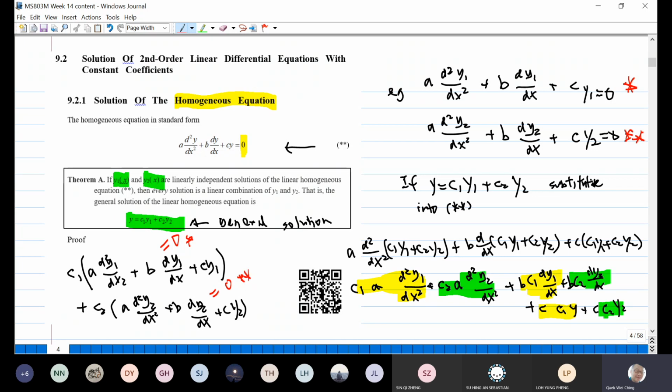So you end up with any combination of y1 and y2 being also a solution of this homogeneous equation. So all the solutions of this type of equation are a combination of two solutions, y1 and y2. Then the question is how to find y1 and y2.